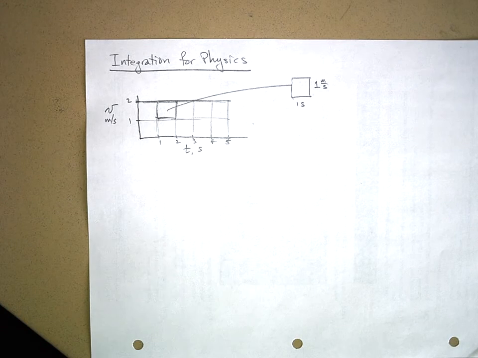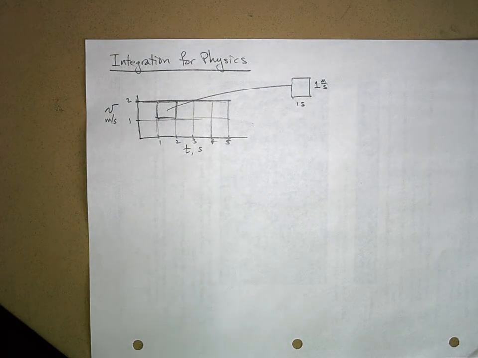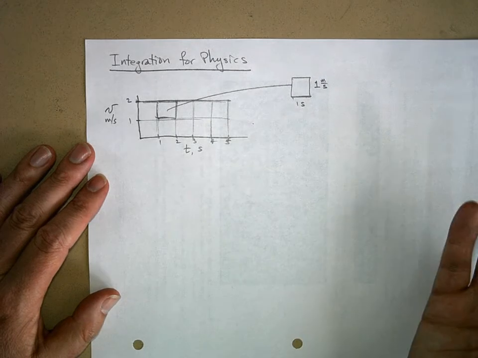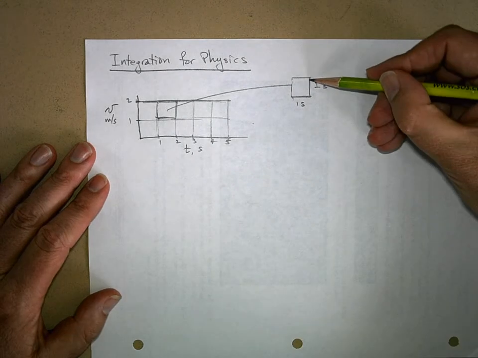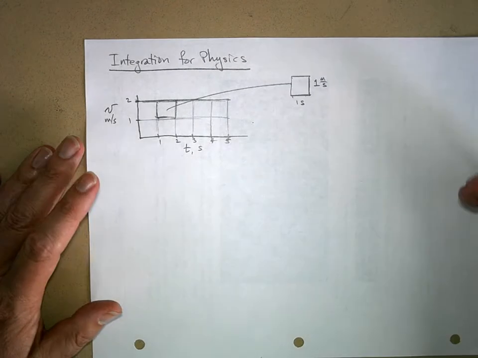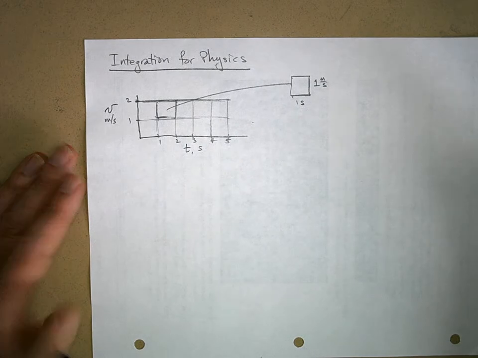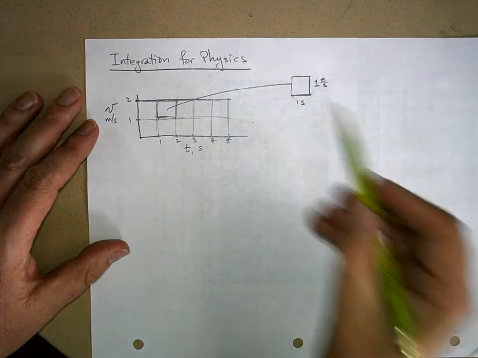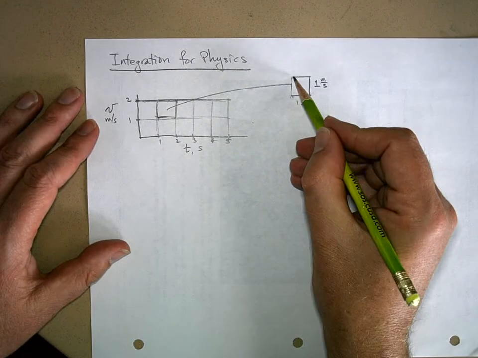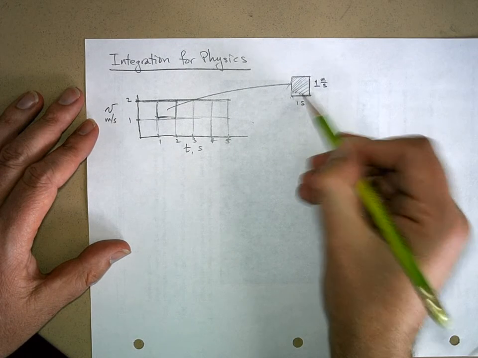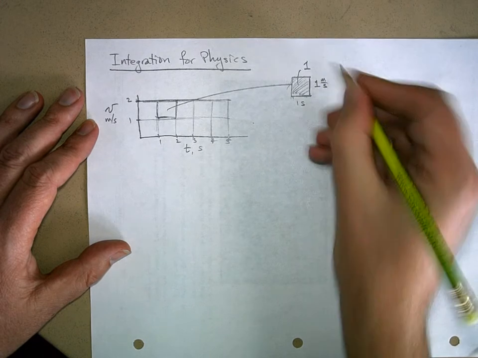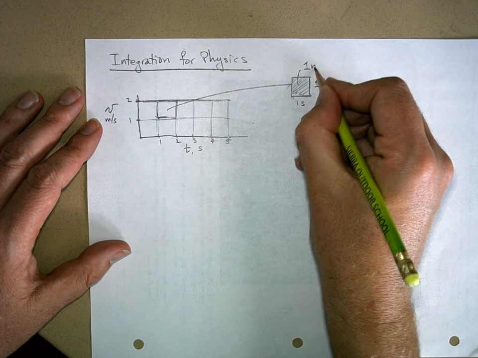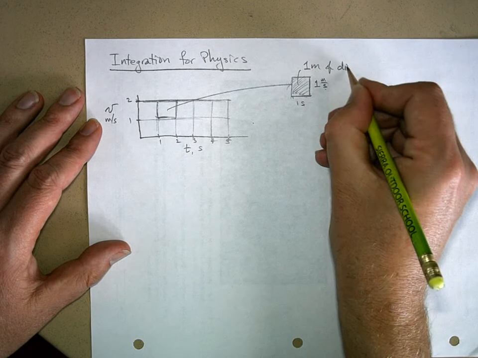And this should not be all that freaky. We're using a length to represent time, and another length to represent velocity. So it shouldn't be surprising that the area doesn't represent area. It represents something else: 1 times 1 is 1, and a meter per second times a second is 1 meter of displacement.